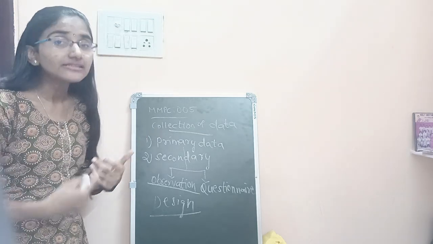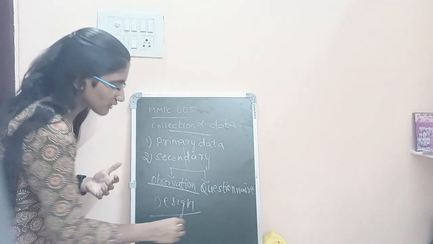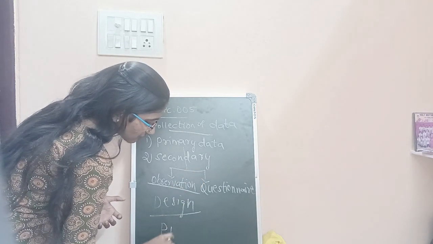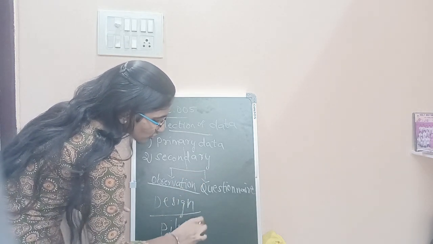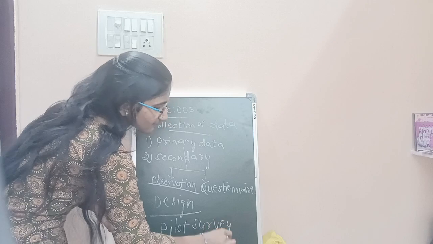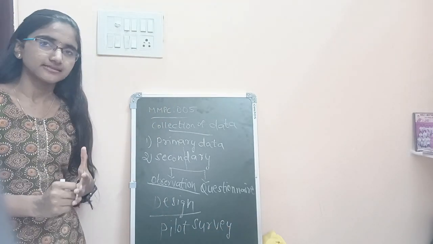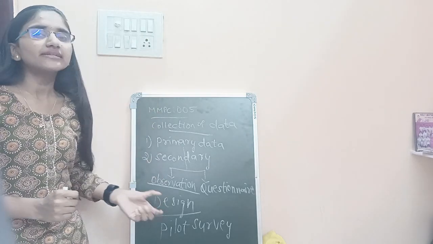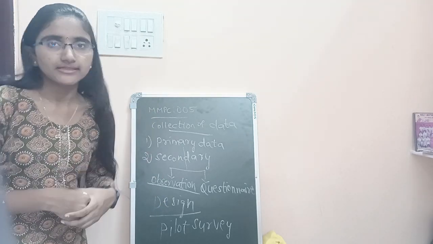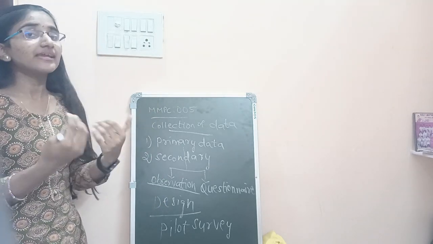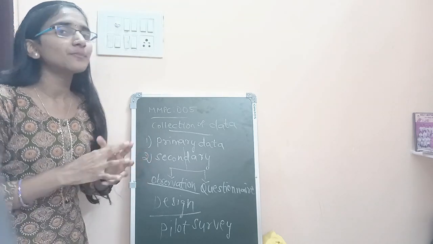Pre-testing is also known as a pilot survey. So in this we actually check for redundancies and correctness. Once we are done with this, we collect the data. When we get the data, we edit the primary data.